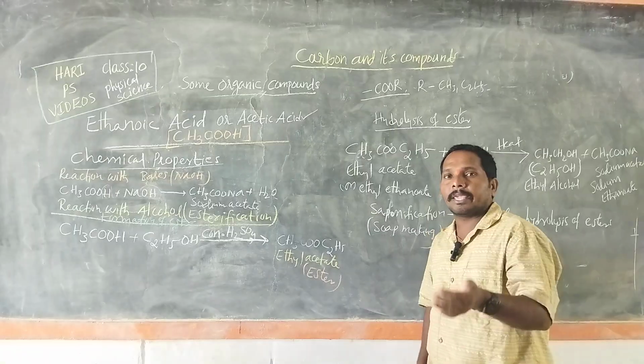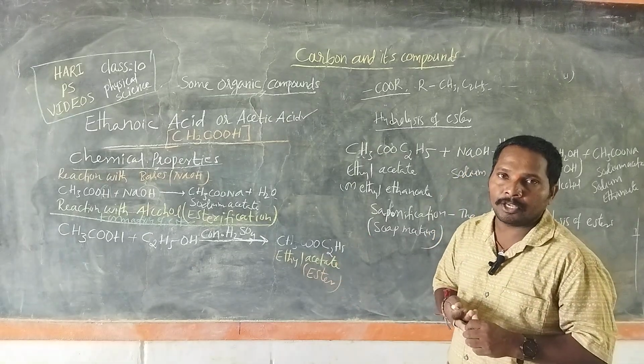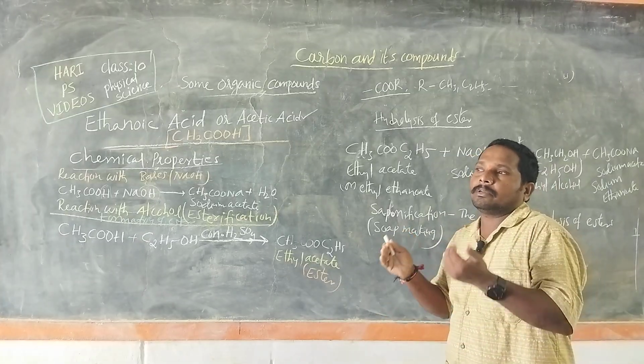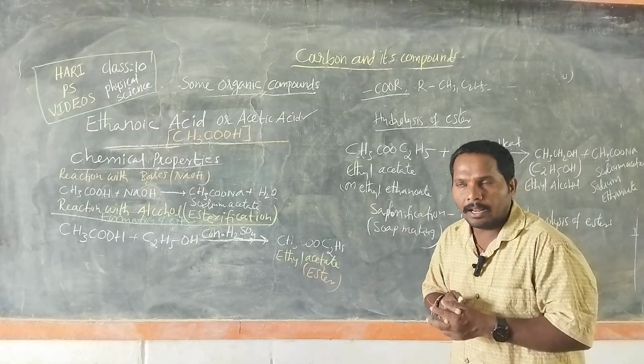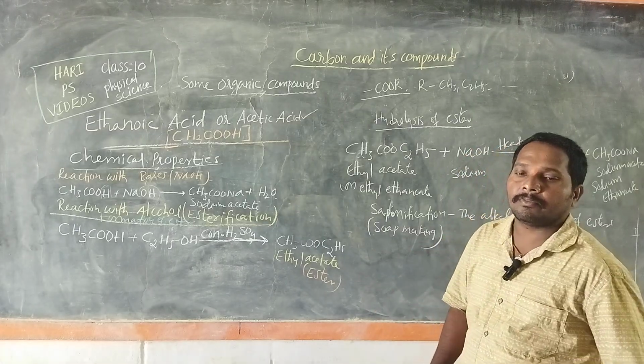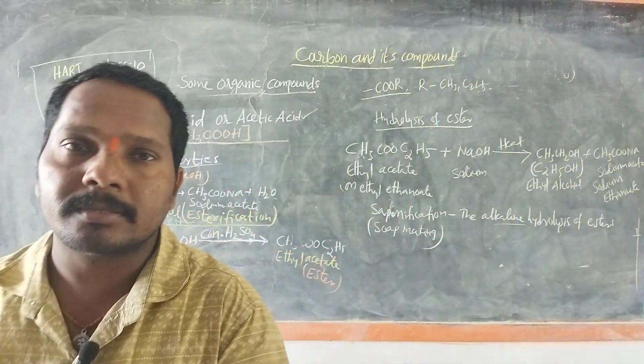If the substance gives a sweet smell, as we know, the substance which gives a sweet smell is ester. So which substance forms ester by reaction with alcohol? Carboxylic acid.